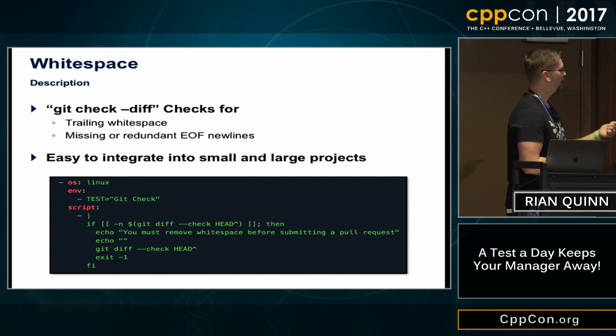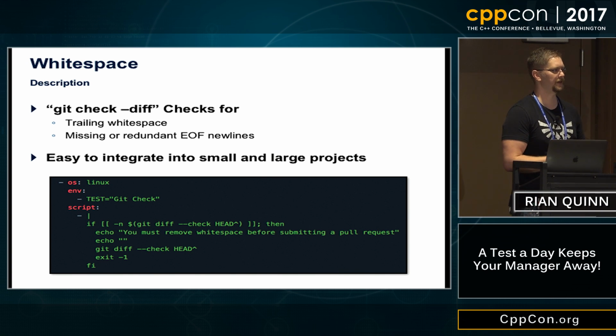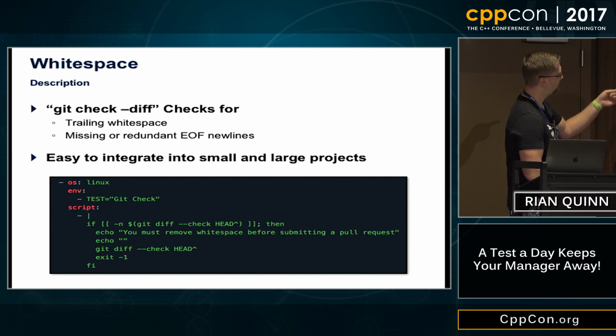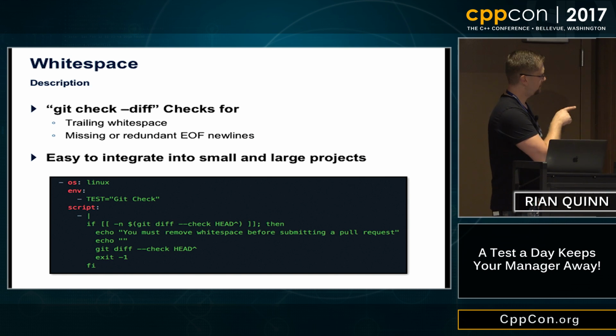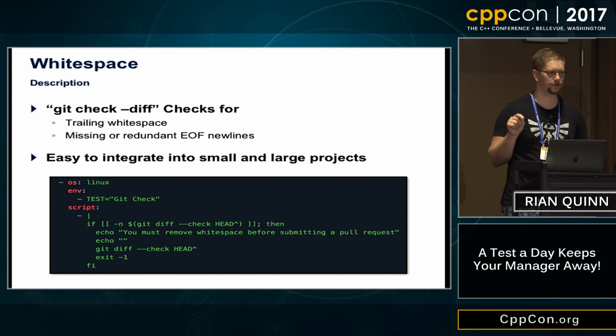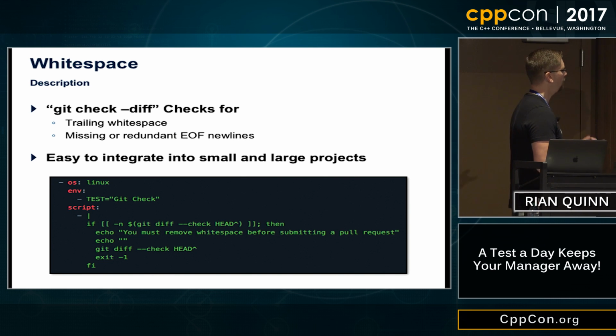We simply run this command, and if it outputs something, then we know that we've failed the test. If that happens, we tell the user, you failed the test, and then we actually run the command again so that they can see where in the actual patch they're failing, so where they actually added new lines and where they didn't. And then, of course, we exit. By doing the exit -1, Travis CI will fail the test, and you'll get a nice big X.